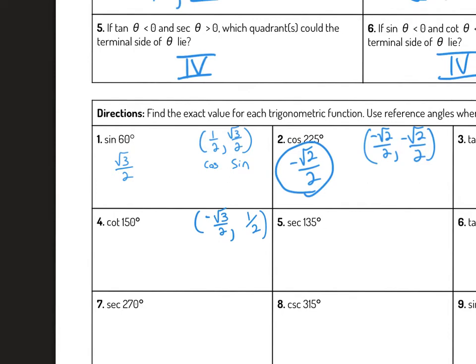The tangent is y over x. The cotangent is x over y. So I can write the x, negative square root of 3 over 2, over the y, 1/2. And by simplifying this, you'll get negative square root of 3.